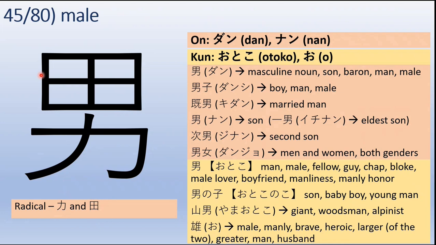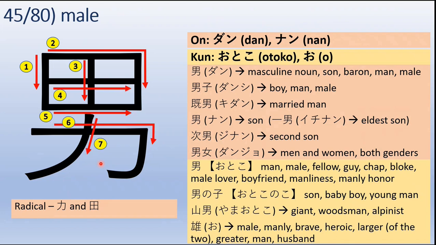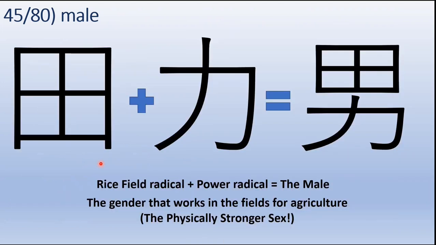These are combined to get the kanji symbol for male gender. This is the stroke order. So a total of 7 strokes will be needed to complete this symbol. Rice field radical, power radical gives the male. So what is the logic? The gender that works in the fields for agriculture and the physically stronger sex.